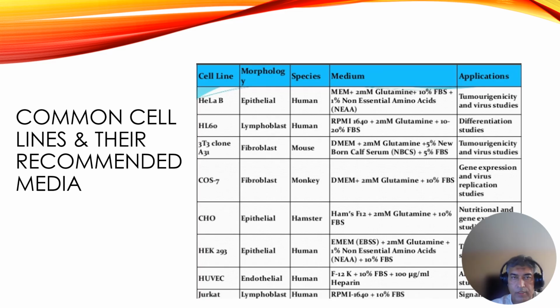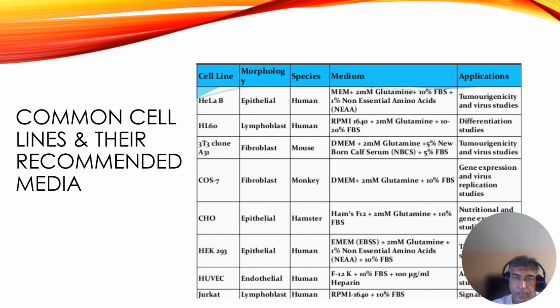HL60 is a lymphoblast cell line of human origin. It requires RPMI 1640 with glutamine plus FBS, and is used for differentiation studies. Similarly, there is a list of different cell lines that you can use in research and biotechnology industries. Nowadays, the CHO-K1 cell line is of epithelial origin, from the hamster model.